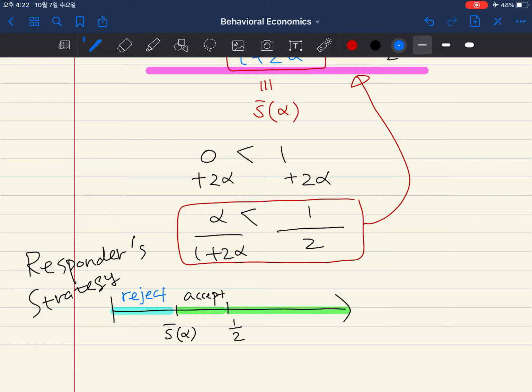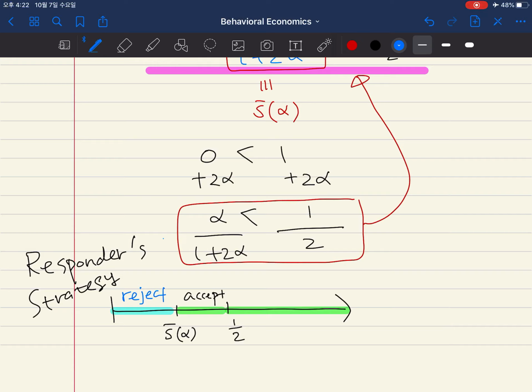And if responder rejects the offer, proposer and responder both get nothing, and it's also bad news for proposer. So in this case, proposer is gonna try to give the lowest possible share to responder, as long as responder is going to accept the offer.